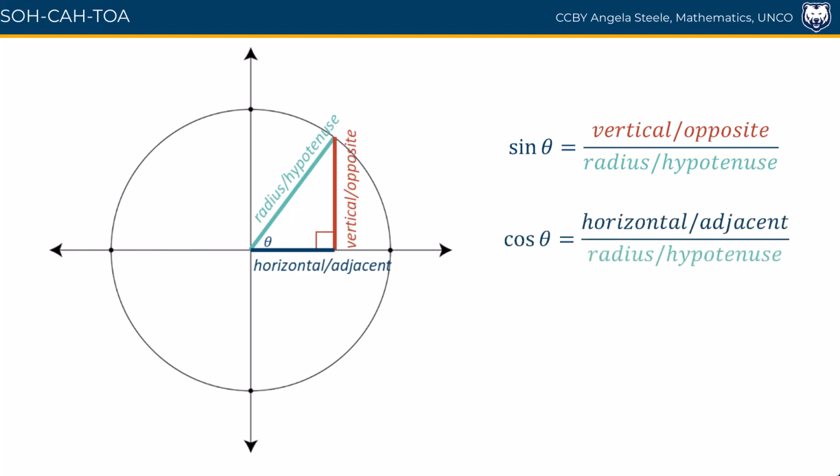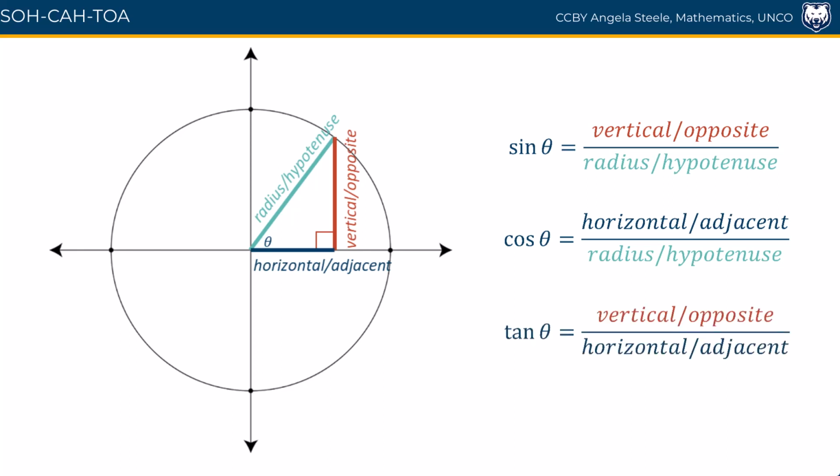With our cosine function on the circle, the x is our horizontal distance divided by our radius. And then when we compare it to our triangle, the cosine is going to be adjacent over the hypotenuse. Again, that adjacent side to the angle is always going to be our horizontal distance. And then again, our hypotenuse is still our radius.